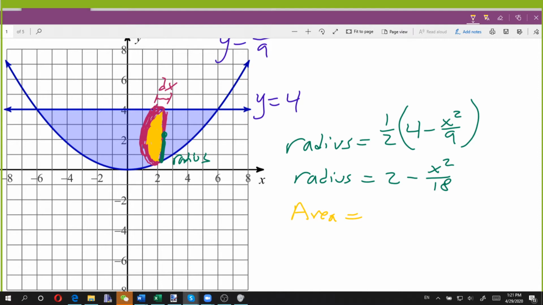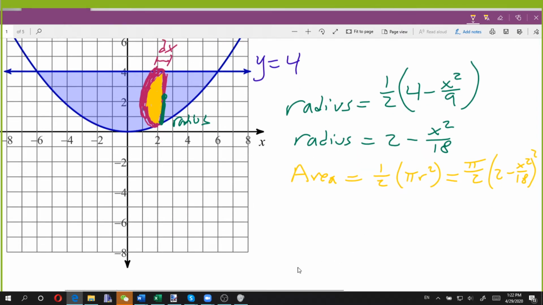So it's going to be pi times 2 minus x squared over 18, squared. Okay, we're really close. Area of a whole circle is pi r squared. Oh, 1/2. 1/2 pi r squared. Okay. So that'll give me pi over 2 times 2 minus x squared over 18, squared.